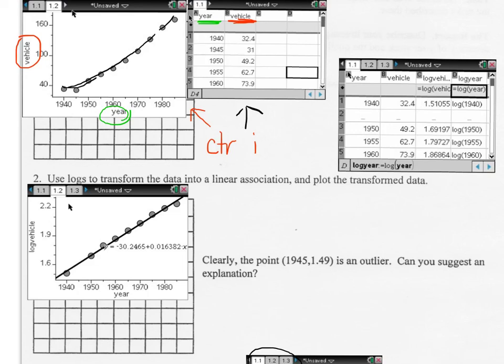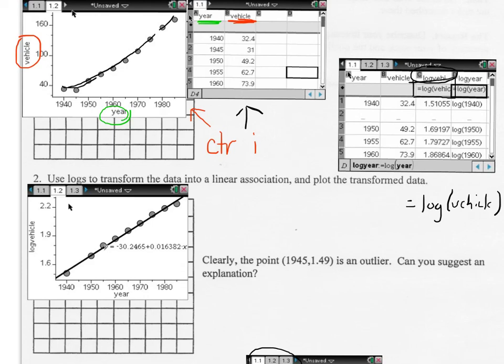Just to give you an idea how to do that without taking the log of each individual vehicle on your own, we can have the Inspire do it for us. When you pop into that cell, it'll say equals, and then you just put in log, and then vehicle. And it'll calculate all the logs of the vehicles for you, as it did below.